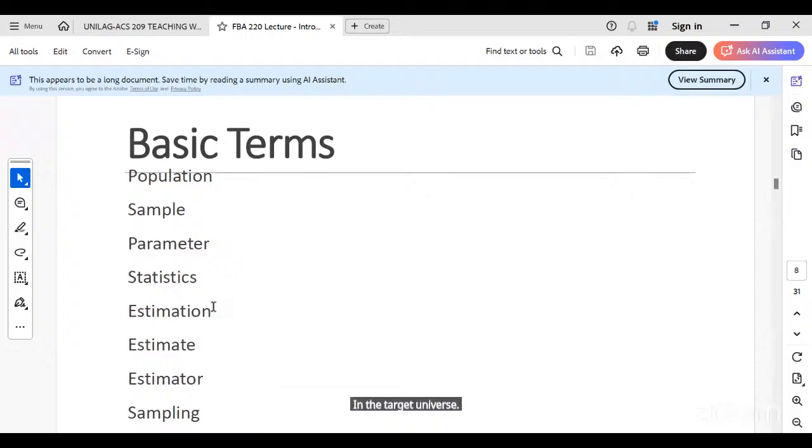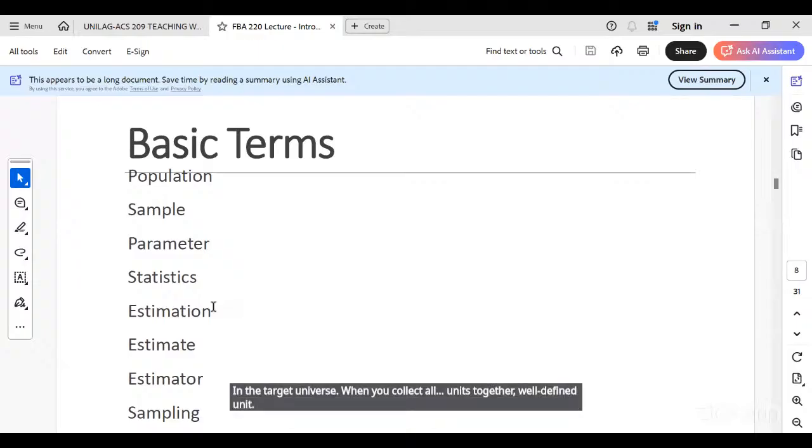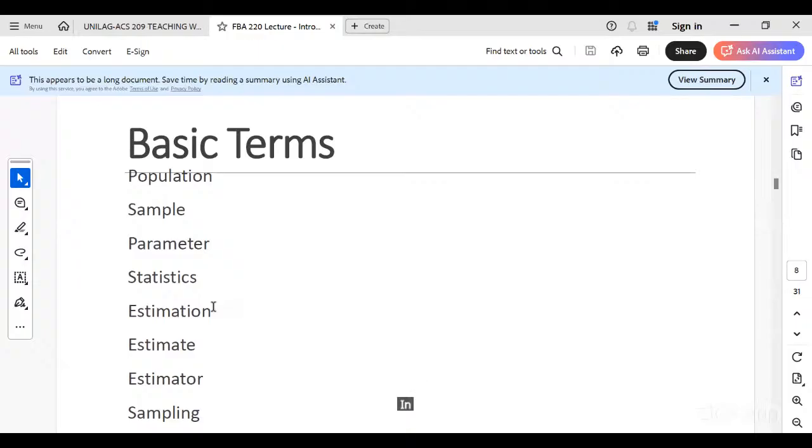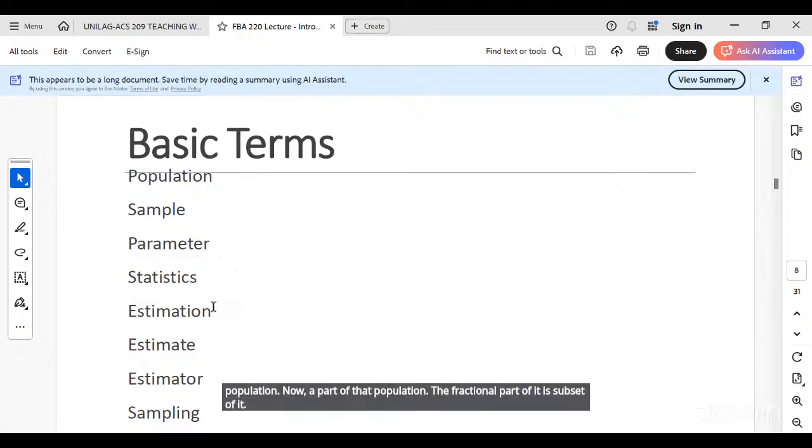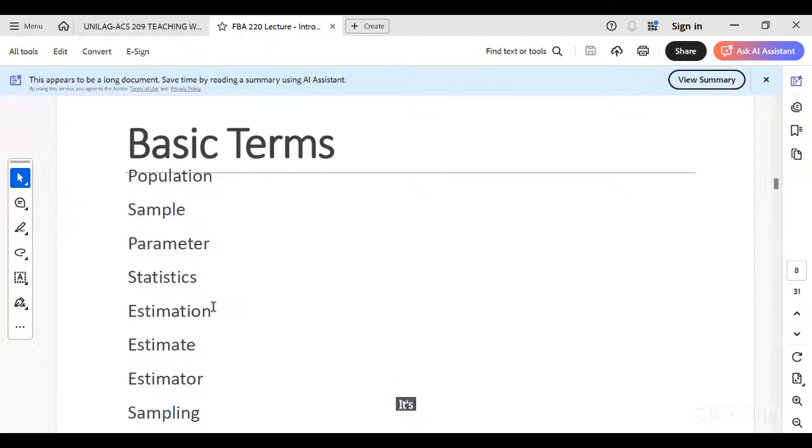Remember we said population is the aggregate of all units in a target universe. When you collect all well-defined units together in a defined location, what you have will be your population. Now, a part of that population, a fractional part of it, a subset of it, is called the sample.